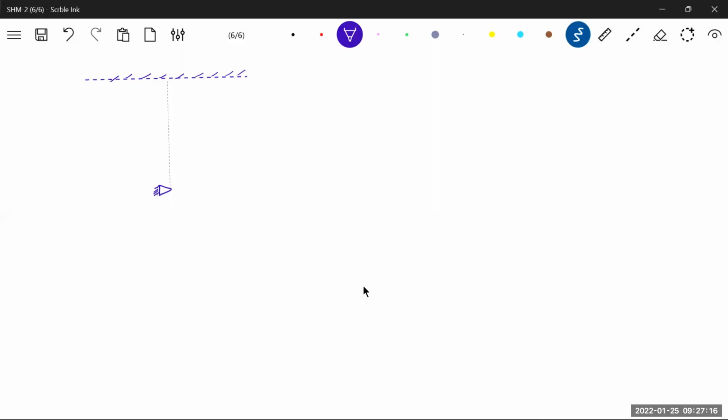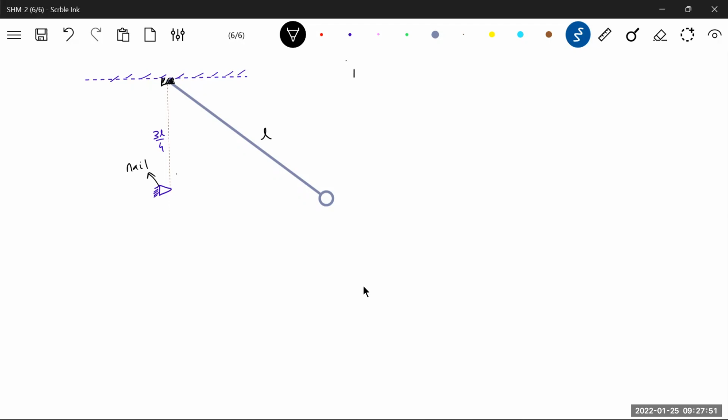This is a nail which is at a distance 3L by 4. Then we'll release a bob of length L. So this particular point is a nail. Whatever the time period of oscillation is, the nail will be at a distance 3L/4 from the point of suspension.